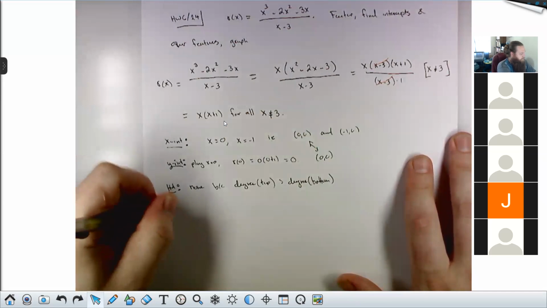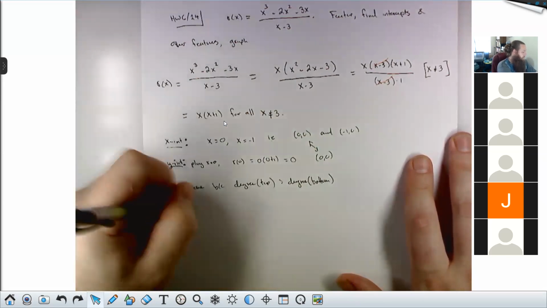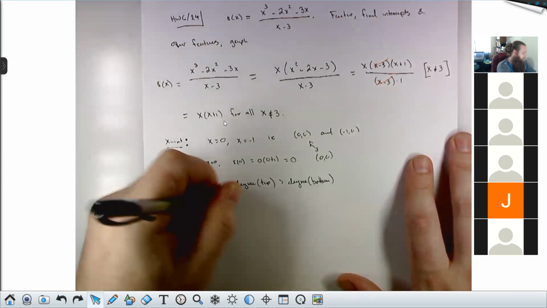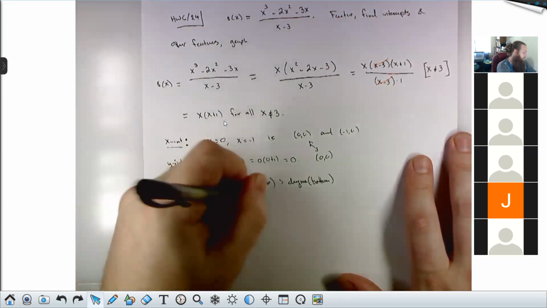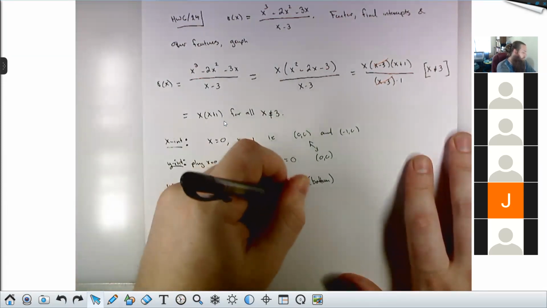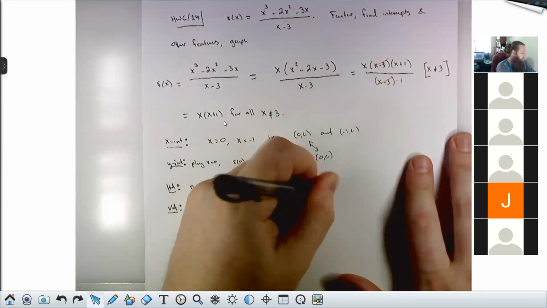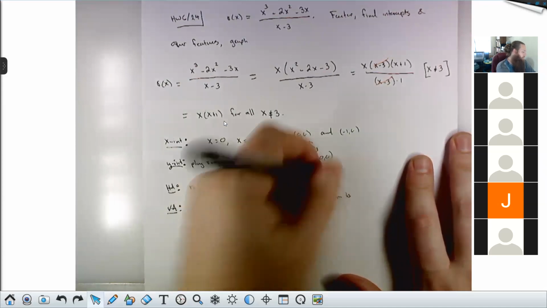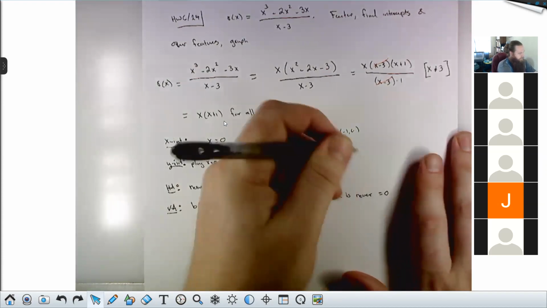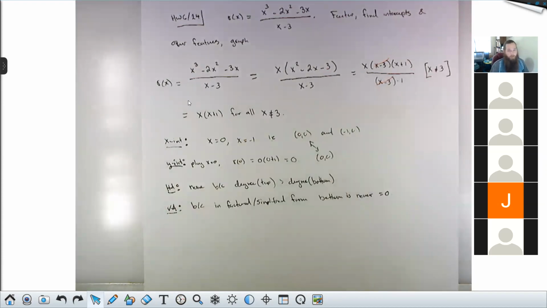No vertical asymptotes because in the factored simplified form, the bottom is never equal to 0. There's nothing I can plug into this to make the bottom 0. There is no bottom. The bottom is just 1.